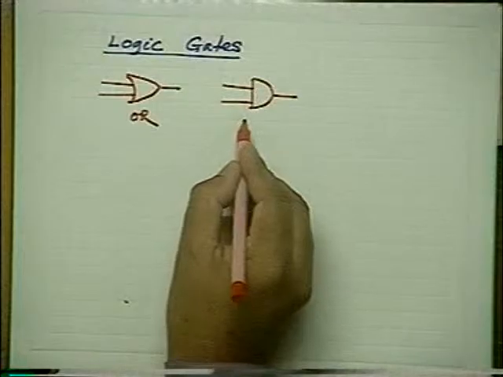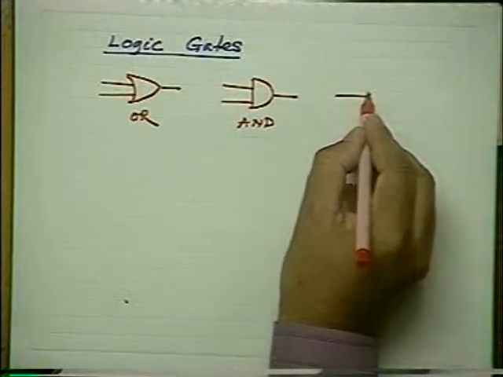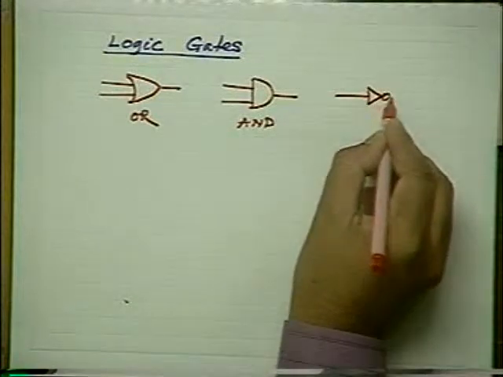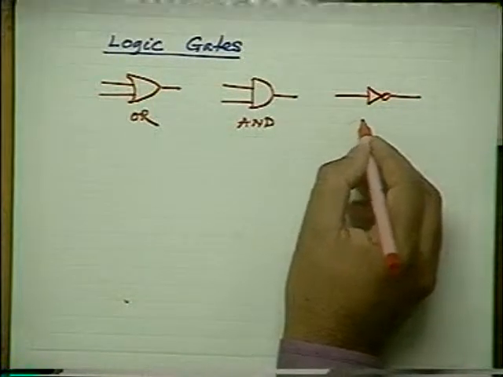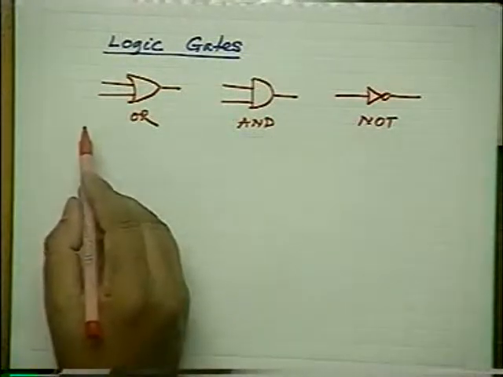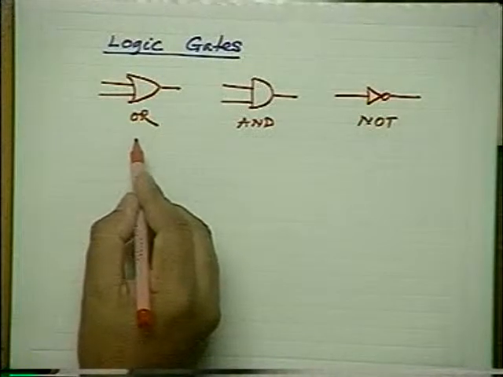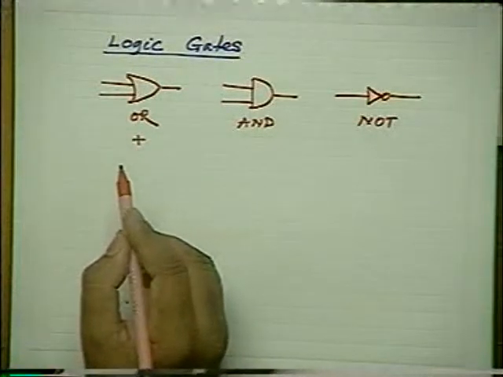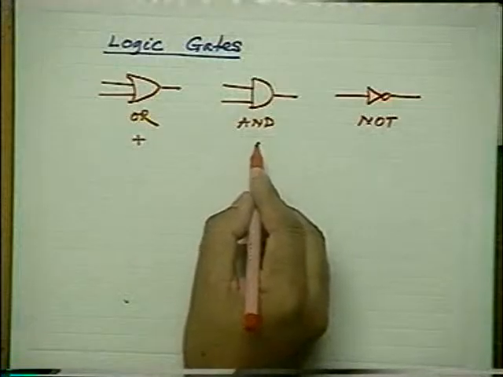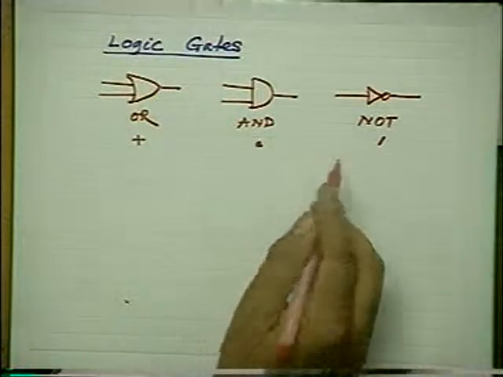This is an AND gate, and this is the complementation, or we call it the NOT gate. Now, the 2-input OR gate realizes the plus operation, this is the AND operation, and this is the dash or the complementation operation.